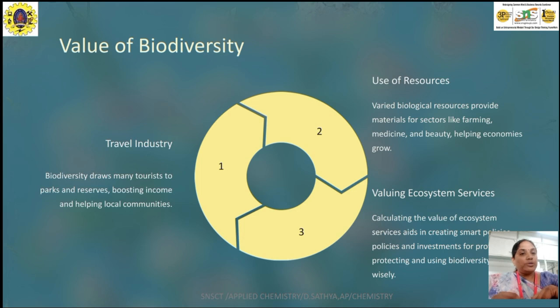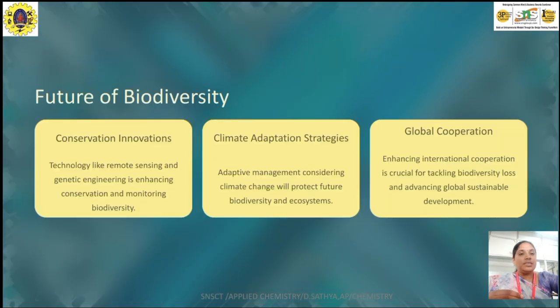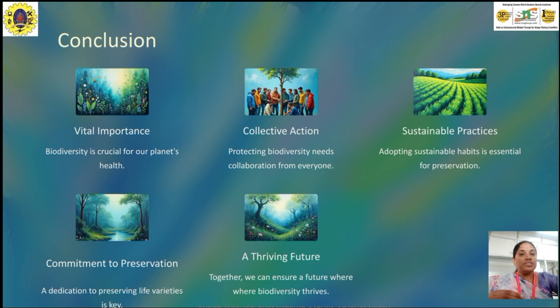The value of biodiversity: the travel industry, use of resources, and ecosystem services. Biodiversity draws many tourists to parks and reserves, boosting income and helping local communities. These are the future of biodiversity.